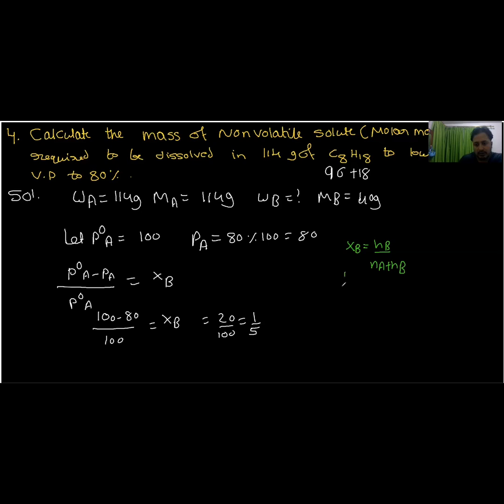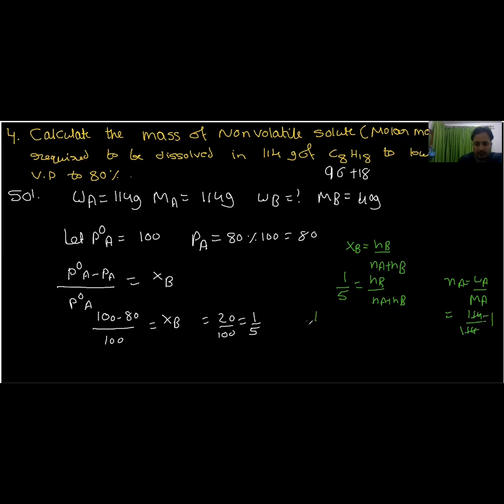So it is coming 1 by 5, and NB upon NA plus NB will be like this. So you need to find the value of NA. We can find NA, which is the given mass of solvent divided by the molar mass of the solvent, and it will be 114 divided by 114 as given to you. So it is coming 1.